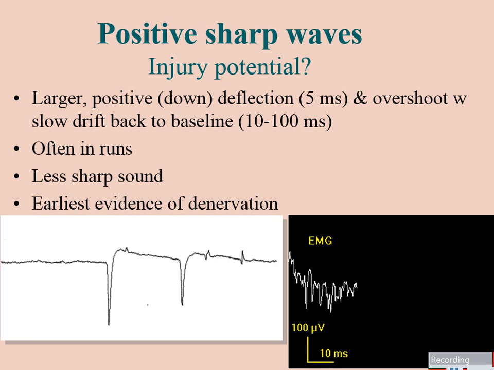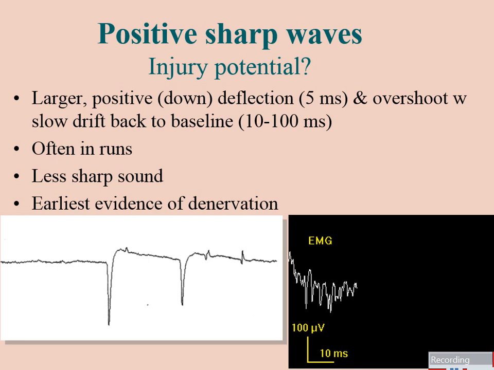These are sometimes called injury potentials, and I'm not going to get into the physics of it here, but basically what happens is that the sink-source wave that's coming down the axon hits a roadblock and just stops and doesn't propagate anymore. So you see the positive, leading source, but then once it gets there, the action potential doesn't propagate past the electrode.